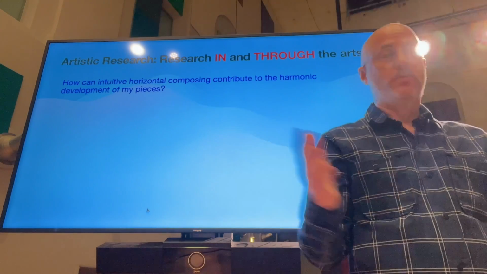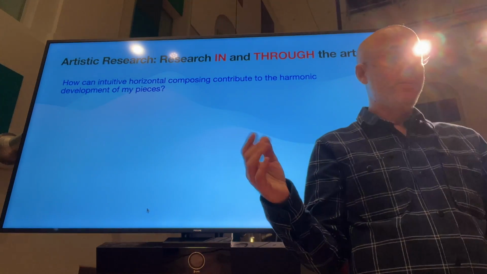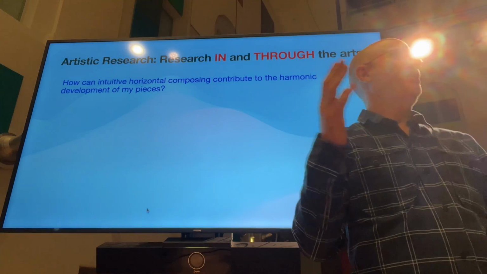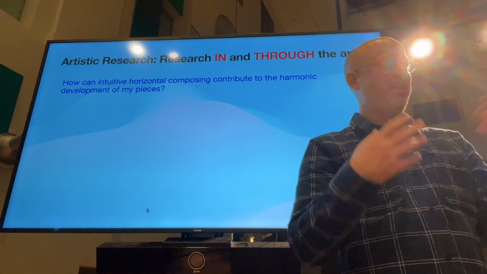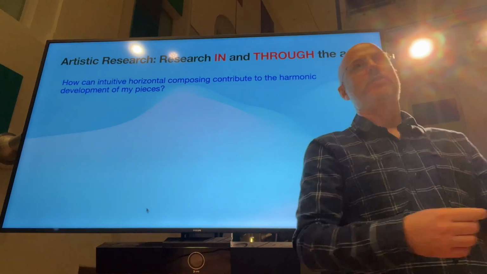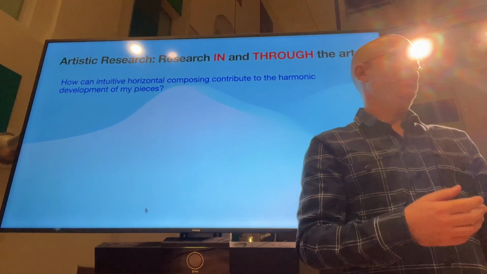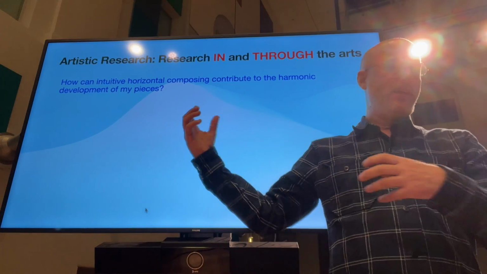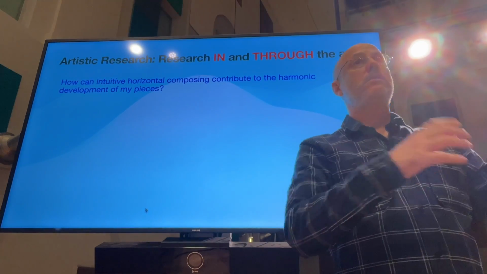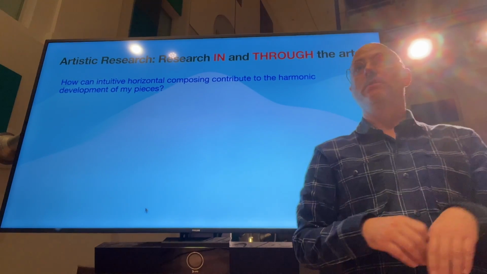Okay, so the first question I would ask is, what the hell is intuitive horizontal composing? Right, so, okay, you have to read the paper, but this is a thing for that person, and the first thing they would do is say what it is, and then they would research it, and then they would also talk about their harmonic development of their pieces and show how they use that.